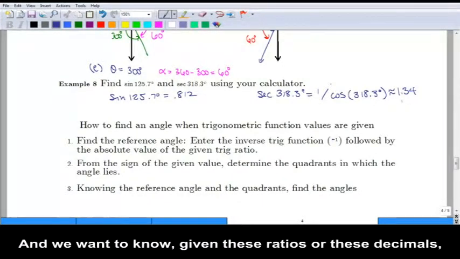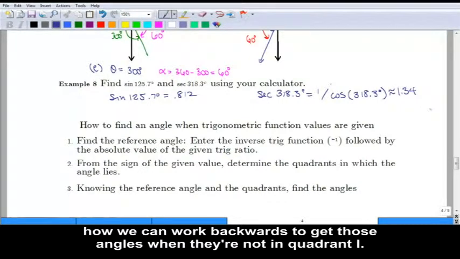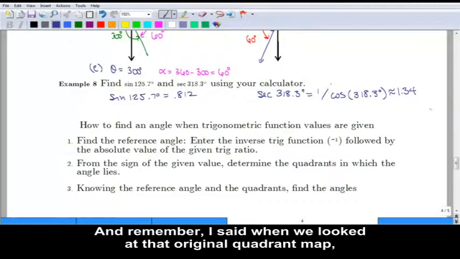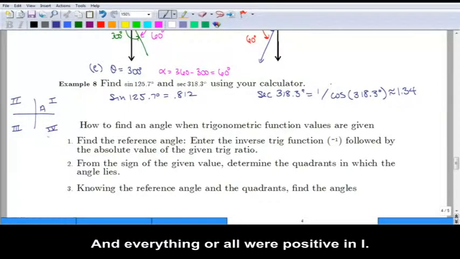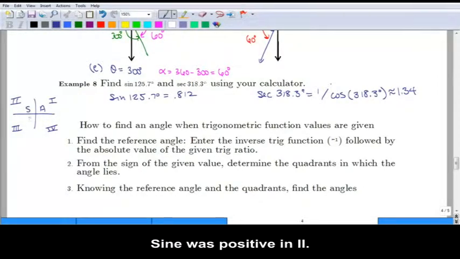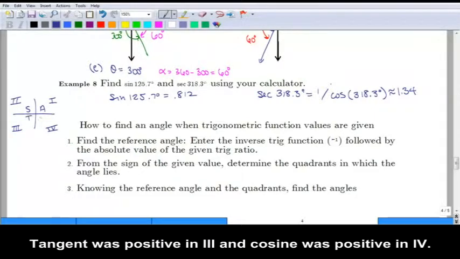So with this in mind, we kind of want to figure out how we can work backwards with this. And we want to know, given these ratios or these decimals, how we can work backwards to get those angles when they're not in quadrant 1. And remember, I said when we looked at that original quadrant map, we had 1, 2, 3, and 4, and all were positive in 1, sine was positive in 2, tangent was positive in 3, and cosine was positive in 4.